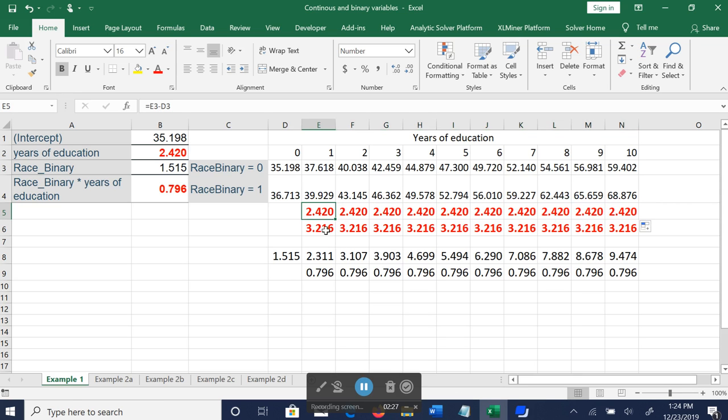And we can also estimate how income is going to change for those from ratio category 1 when they acquire 1 year of schooling. This is how the formula looks like. And we can just copy over.